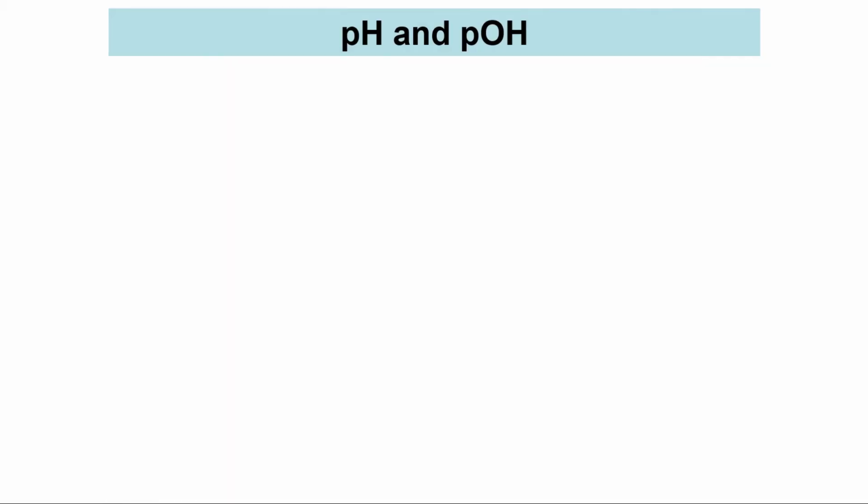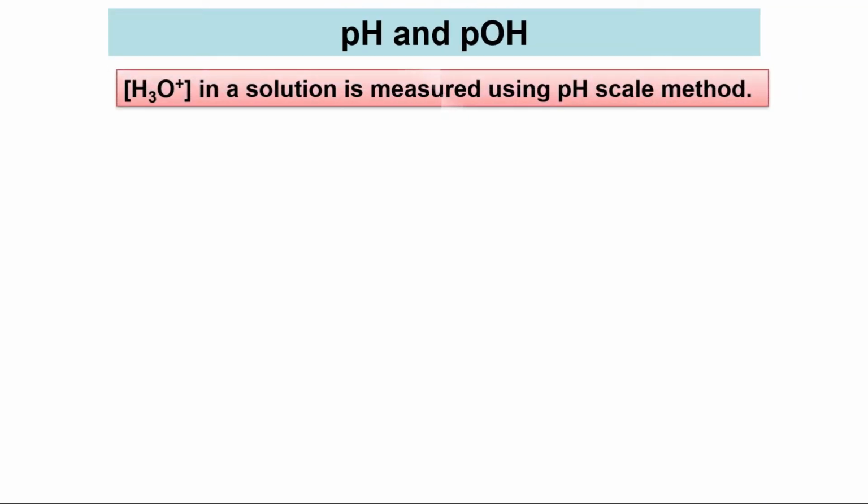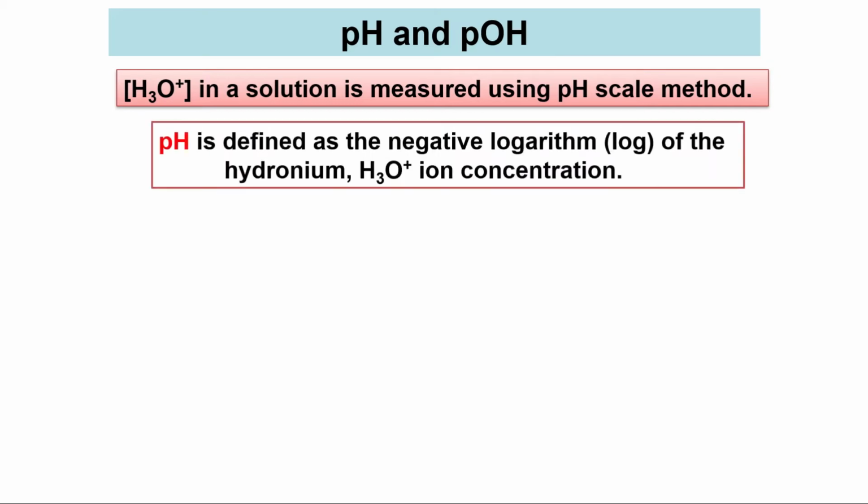Right, pH and pOH. Have you ever heard of the word pH before? I guess yes. How about pOH? No, not yet. But don't worry, we are going to learn about pOH in this lecture. Concentration of H3O plus ion in a solution is measured by using the pH scale method ranging from 0 to 14. pH.